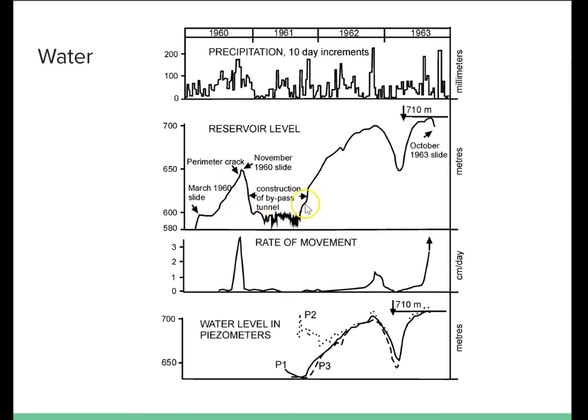They made a little tunnel to release some water, and then went full bonanza on filling that thing up. And you can see that the catastrophic slide that happened in October was at the peak of terrible here. Along with the rate of motion, you can see the rate of motion pretty much goes right along with the reservoir level, unfortunately.